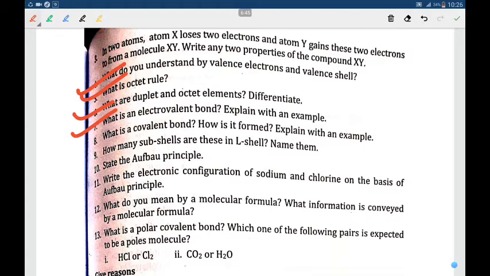Question number 7. What is an electrovalent bond? Explain with an example is given. Electrovalent bond, okay? So how do you define electrovalent bond?